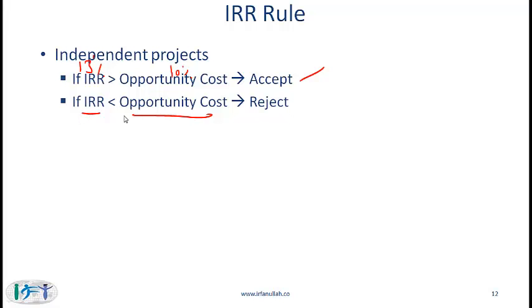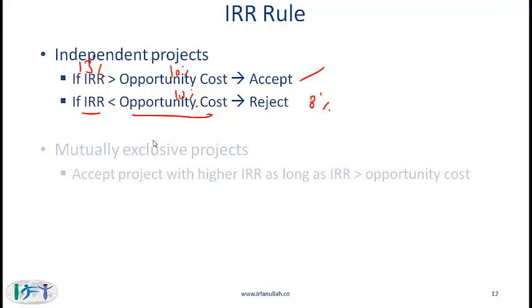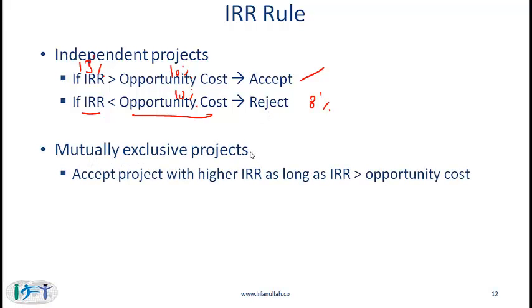So if it turned out that the IRR was 8%, which is less than the opportunity cost of 10%, then the project should be rejected. For mutually exclusive projects, we should accept projects with the higher IRR as long as the IRR is greater than the opportunity cost.